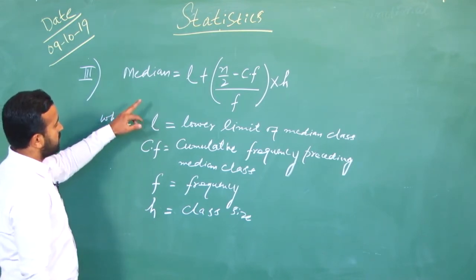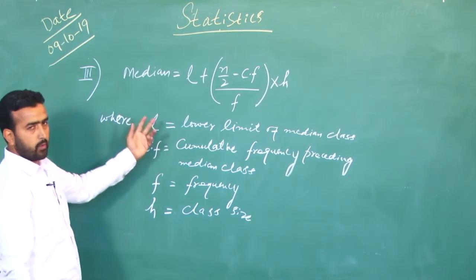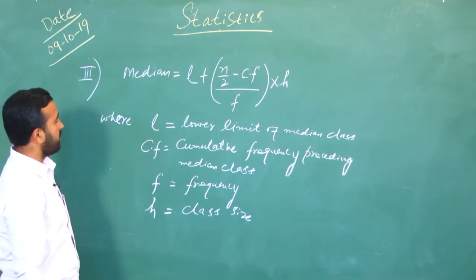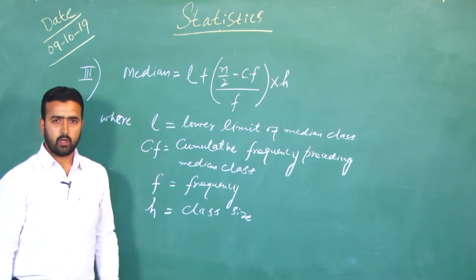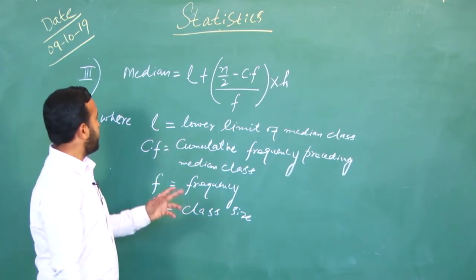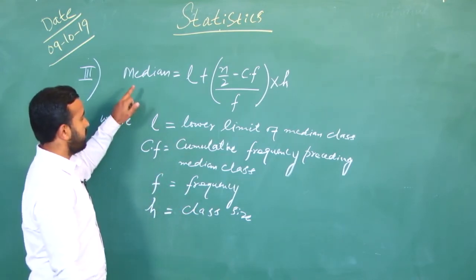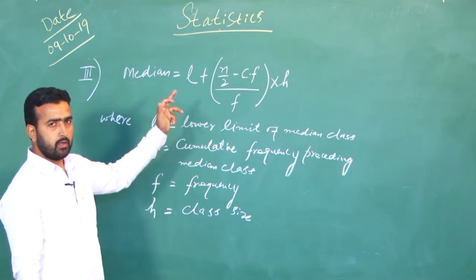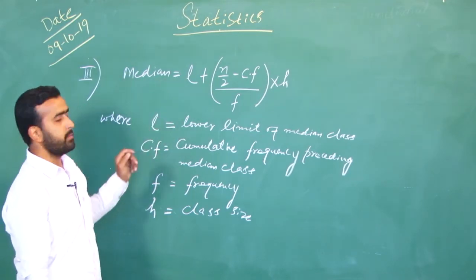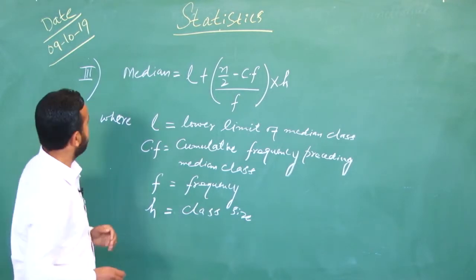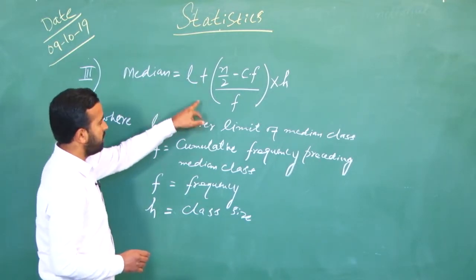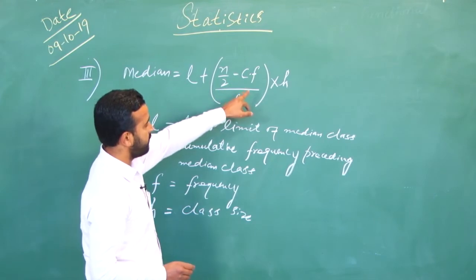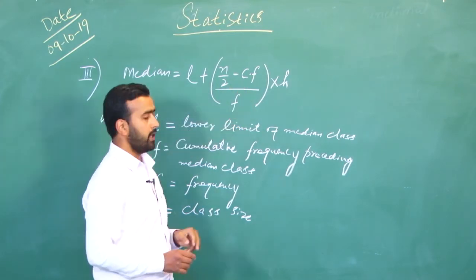This is the formula that we'll use in the numerical problems, taking a few examples from the exercise in our textbook. Remember, this result is to be remembered for calculation of the median: Median is equal to L plus n by 2 minus CF divided by F, multiplied by H.